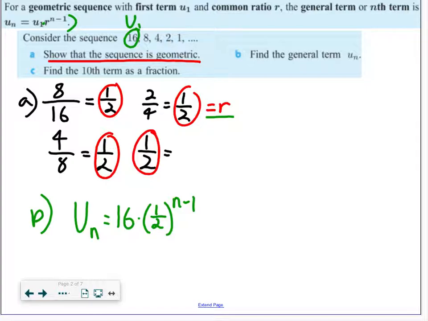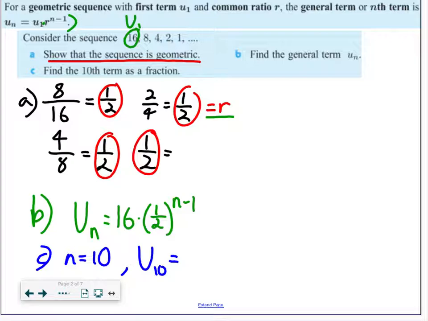C is going to ask us to find the 10th term as a fraction. That's saying for n equal to 10, find u_10.